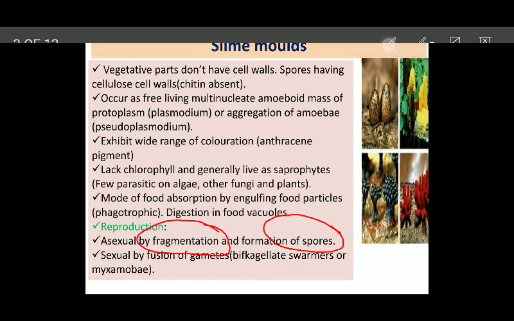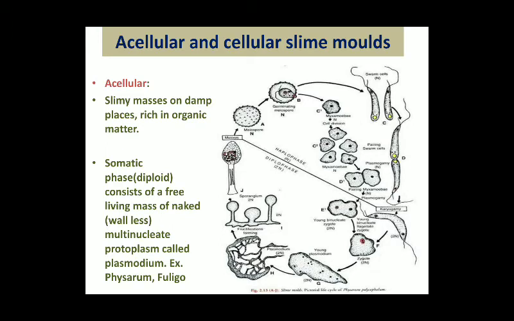Here we are going to talk about the two types of slime molds. One is acellular and the second one is cellular slime molds. First we will talk about acellular slime molds.